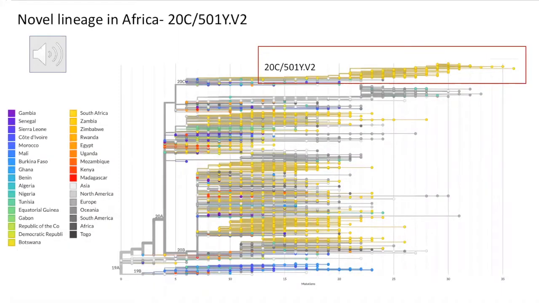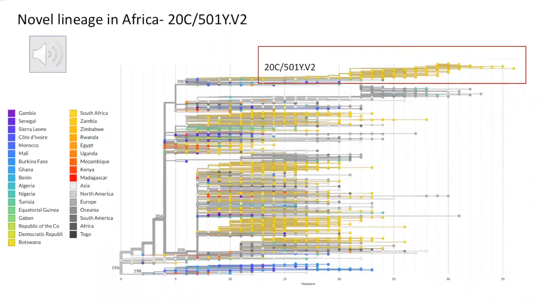While we have been occupied with lineage B117 in the UK, another variant lineage carrying a mutation in codon 501 of the spike protein has emerged in South Africa. This lineage, B1351, contains a range of different mutations in addition to the one in 501 that we find in B117.